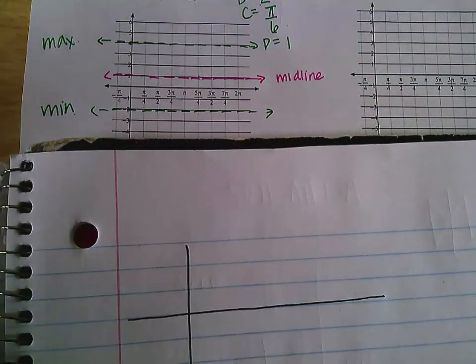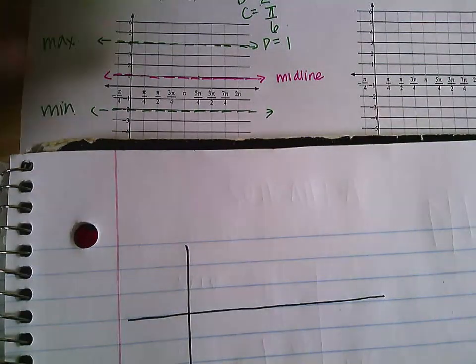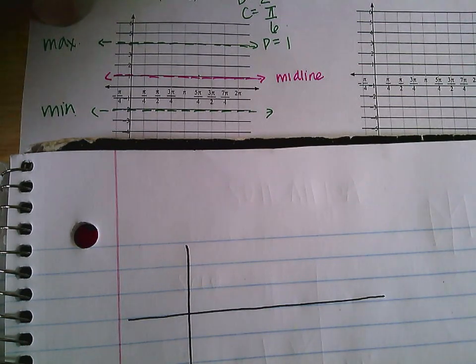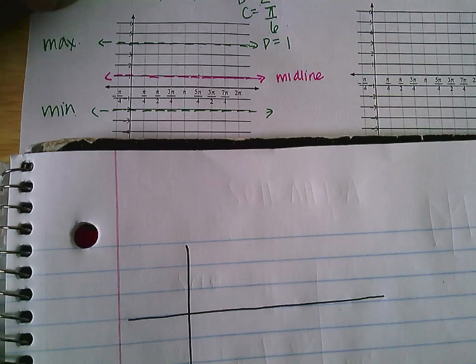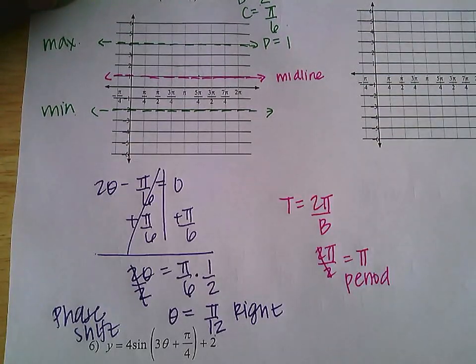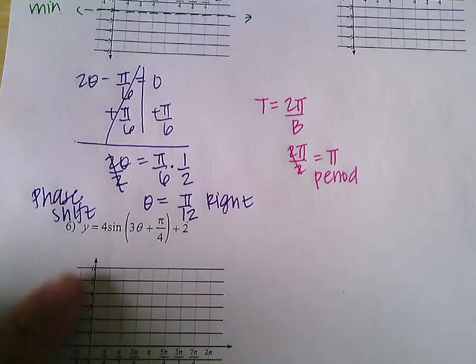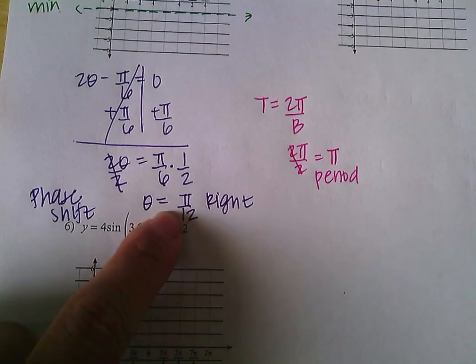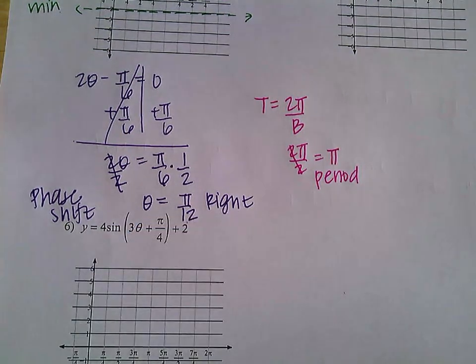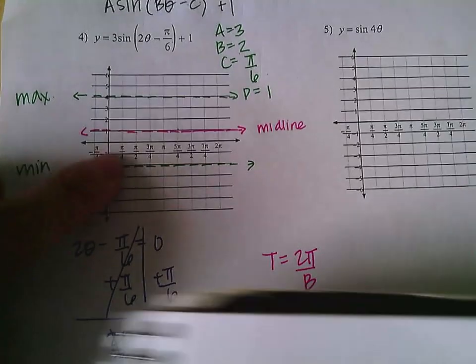Now with fractions, something that we learned in like 2nd or 3rd grade, you always want to compare fractions by making sure you have the same denominators. So right now we're looking at pi over 12, right? We want the denominator of 12. But look at this graph here, I have pi over 4.